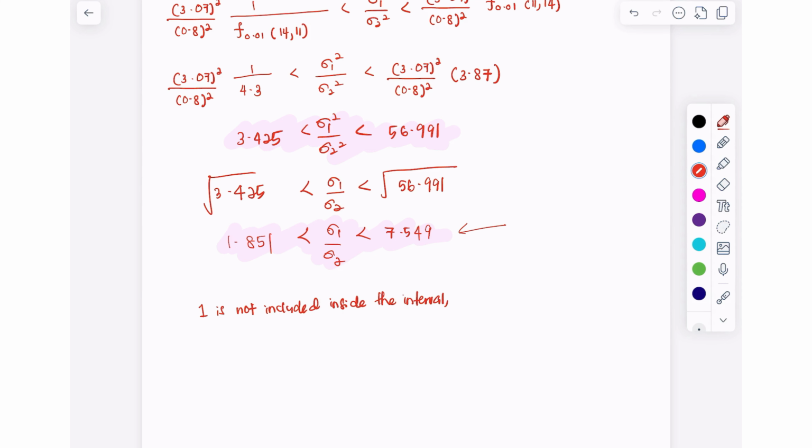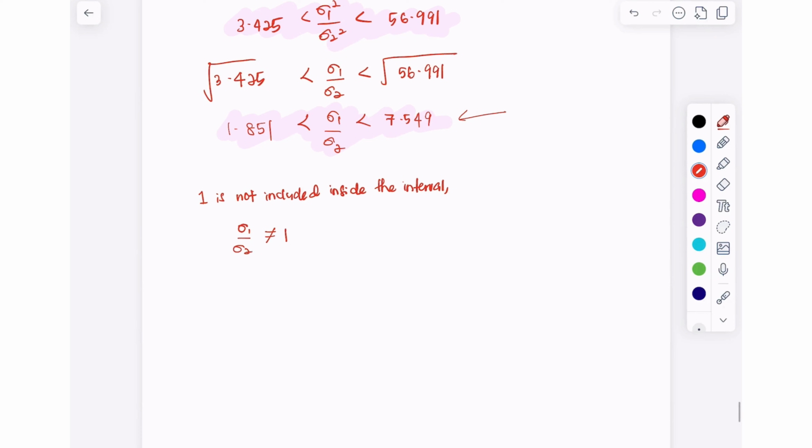Which means sigma 1 divided by sigma 2, the ratio, is not equal to 1. Rearranging, sigma 1 is not equal to sigma 2.